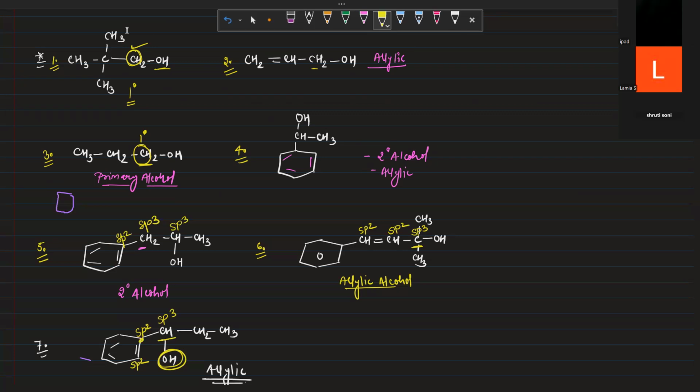Okay, yeah, I have a question. So, how are you doing the hybridization? If a carbon is single bonded with all the other atoms, then it will be sp3. If there is a double bond between carbon and carbon, then it will be sp2.